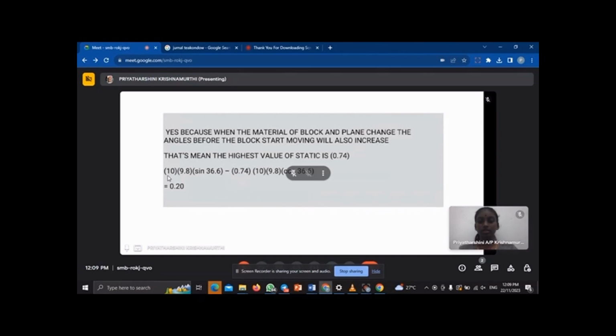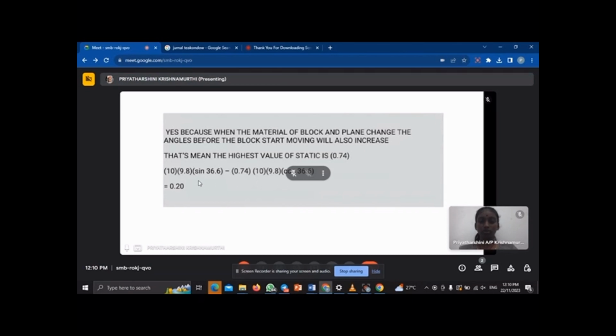What formula do we use? 10 times 9.8, that is the mass and gravity, times sin 36.6, minus 0.74 times 10 times 9.8 times cos 36.6.